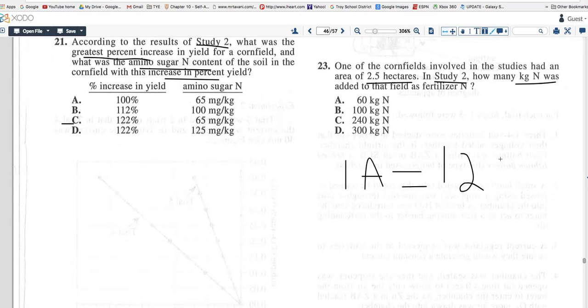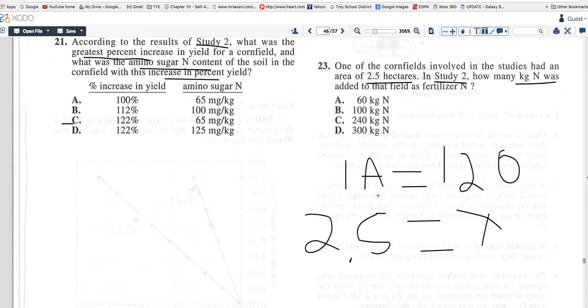So 2.5 acres gives me x. Proportions. Then cross multiply: x times 1 acre, which is 1x, is equal to 2.5 times 120. Always do dirty math. You know this needs to be above 240 because 120 times 2, so it has to be 300. You don't need a calculator for this.